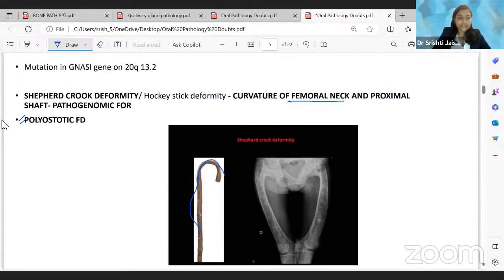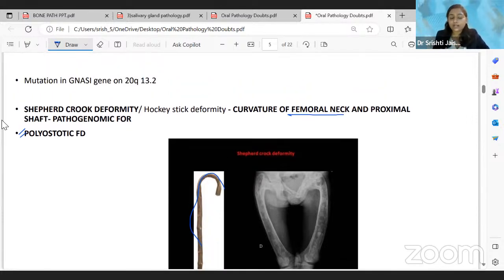Okay, so I hope this is very clear. Now, fibrous dysplasia occurs as a result of mutation in the GNAS1 gene, which results in overproduction of cAMP. This overproduction of cAMP has its effect on the melanocytes, on the bone pathologies, as well as on the endocrine pathologies. Okay, so this is very important.